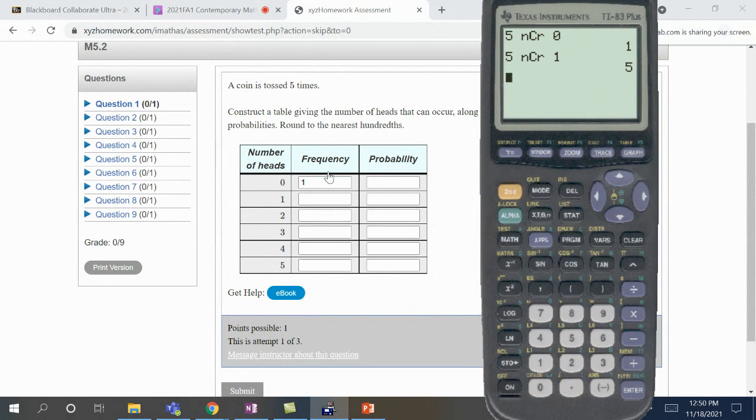Now we're going to toss the coin 5 times and observe the number of heads. Choosing 1 head, I get 5. We're going to toss the coin 5 times and choose 2 heads, so that frequency is 10.